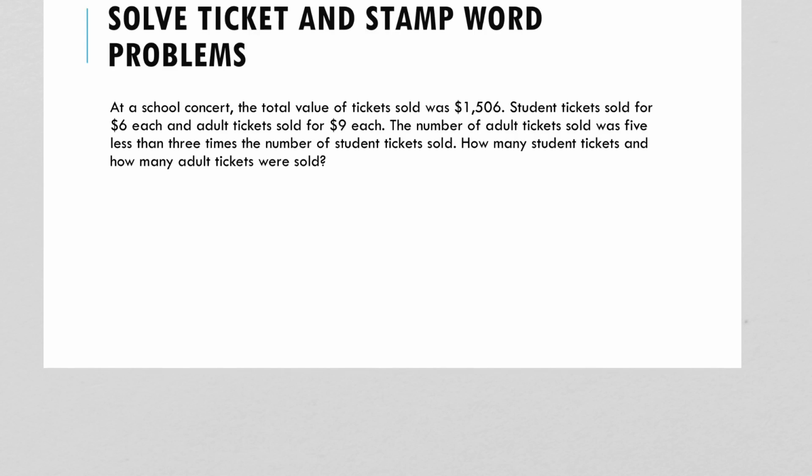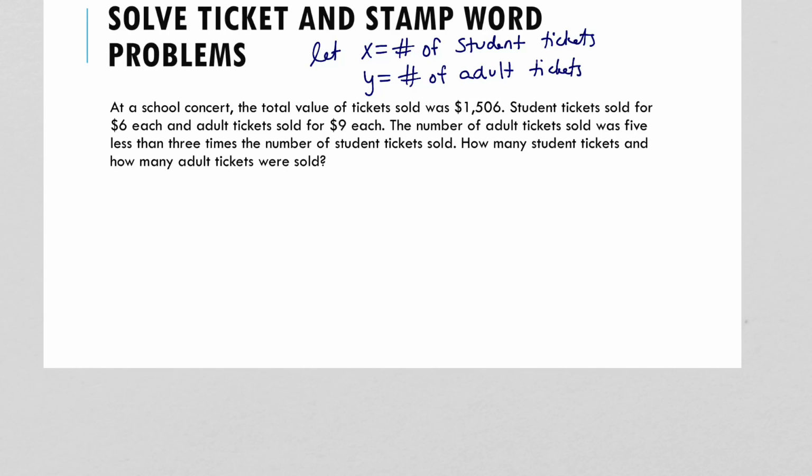So I'm going to let X equal the number of student tickets, and I'm going to let Y equal the number of adult tickets.